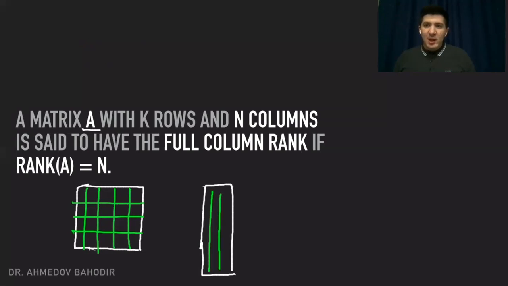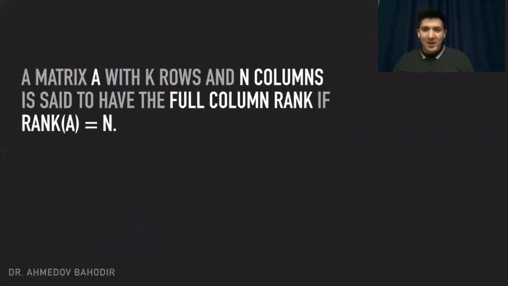Obviously, one row cannot have more than 1 pivot, okay? So in this case, you're going to have lots of rows without a pivot. And now let's try to reveal what this fact implies.